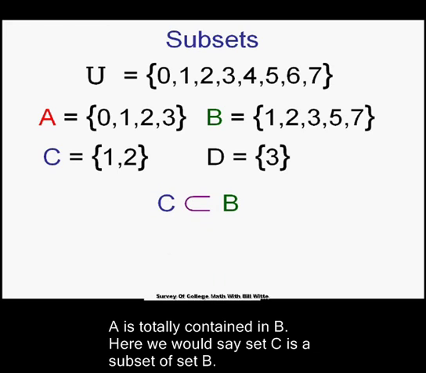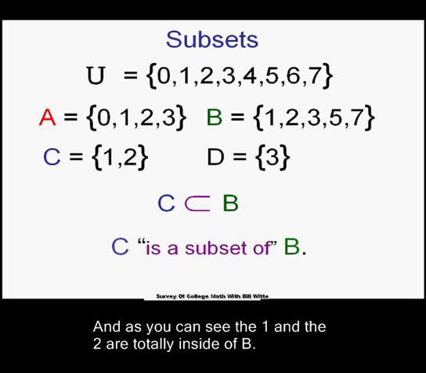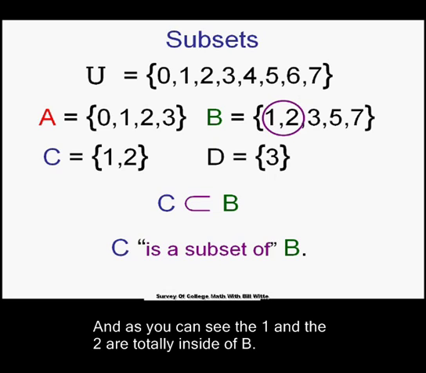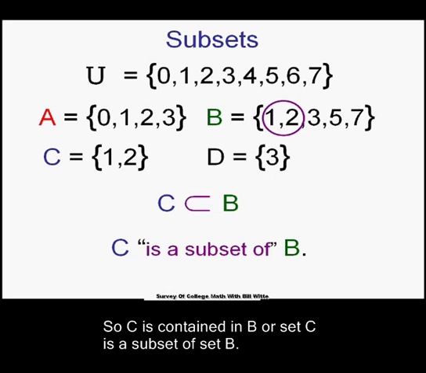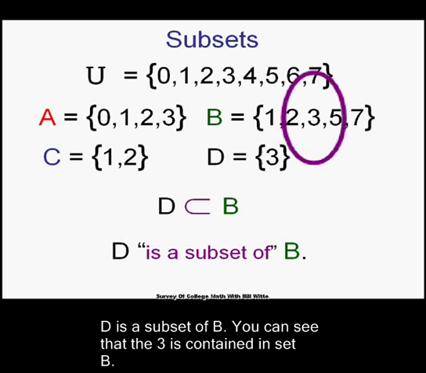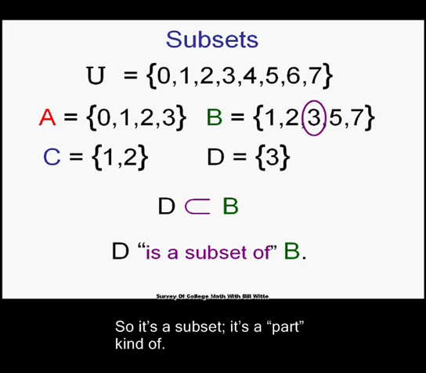So we would say set C is a subset of set B. And as you can see, the 1 and the 2 are totally inside of B. So C is contained in B, or C is a subset of B. D is a subset of B. You can see that 3 is contained in B. It's a subset. It's a part, kind of.